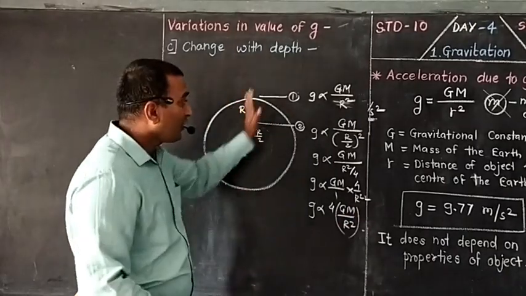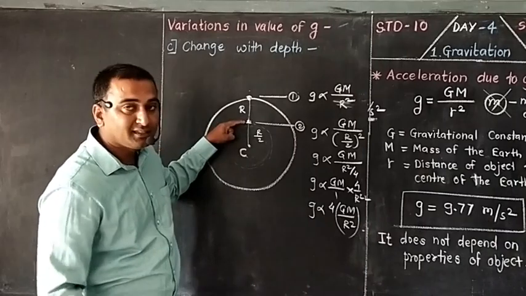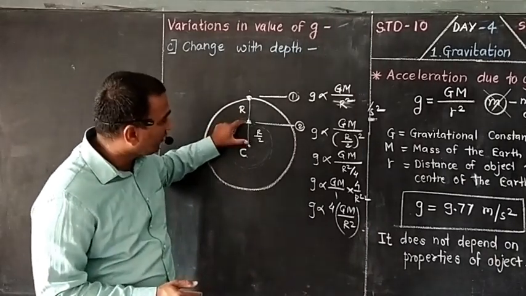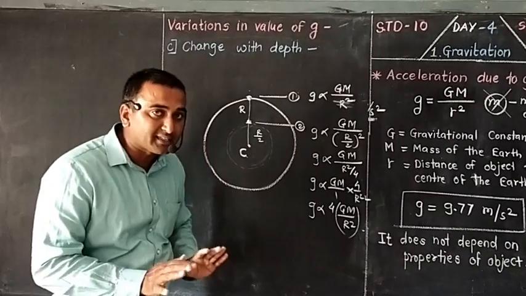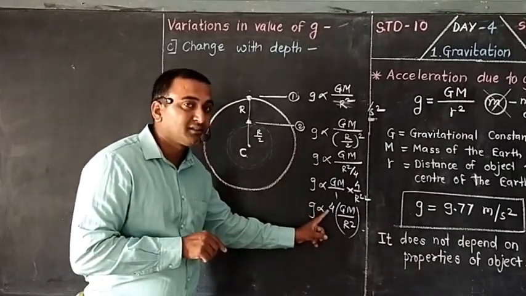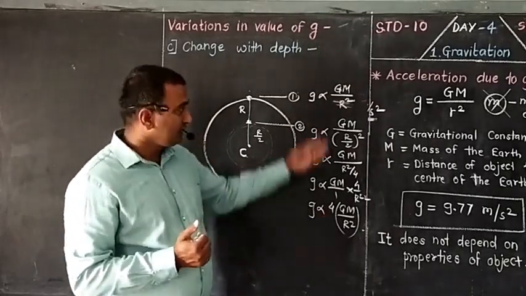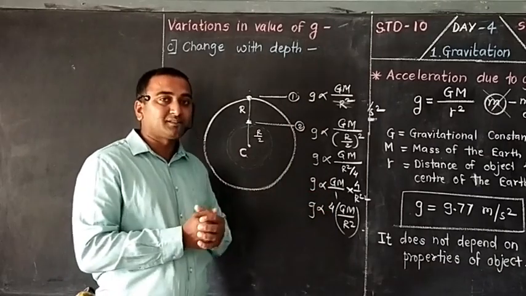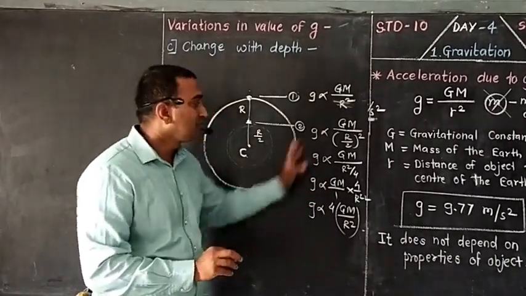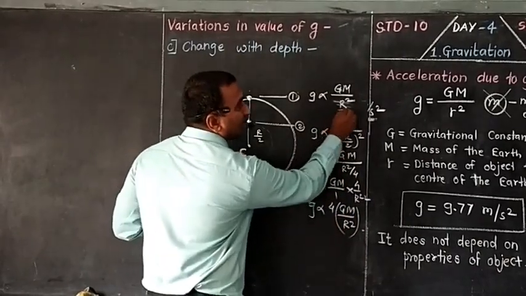That means according to this formula, as depth goes on increasing, the distance between the object and the center goes on decreasing. So according to this law, what should increase? The acceleration should increase, or not? So see here, we have considered 4 times, but where we have to focus a lot, within this formula, we have focused only on r.